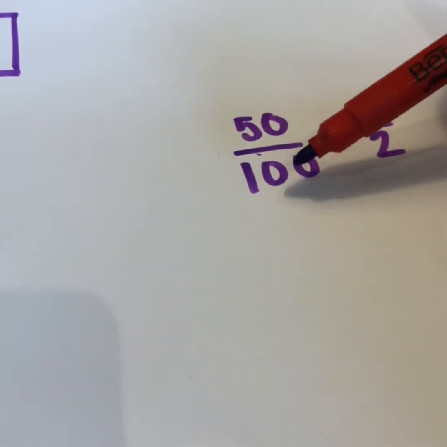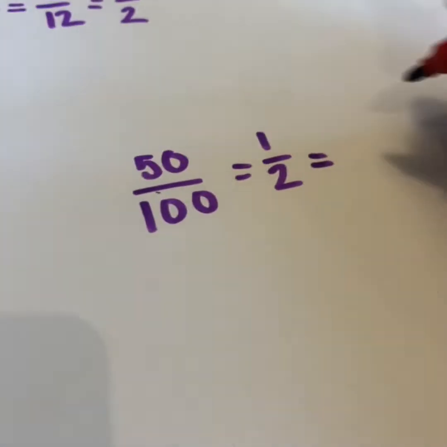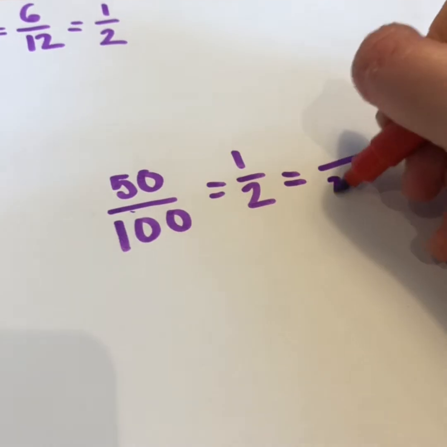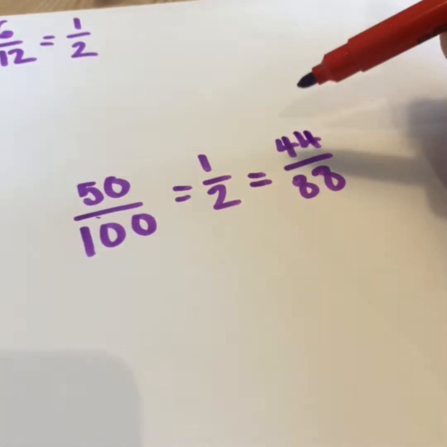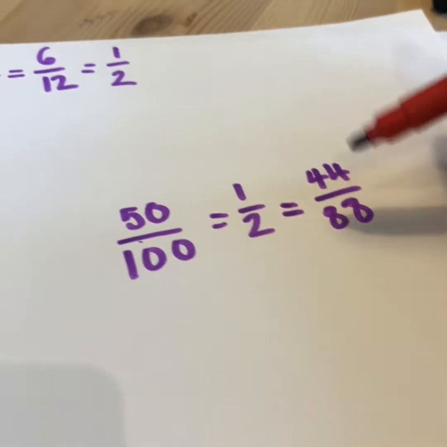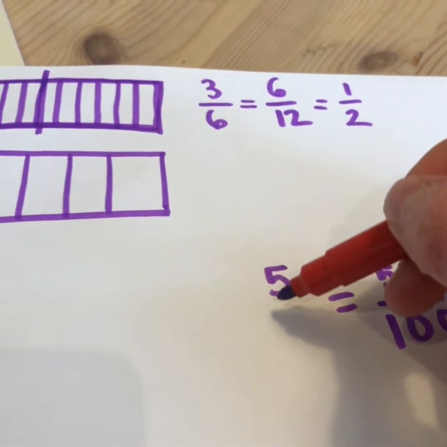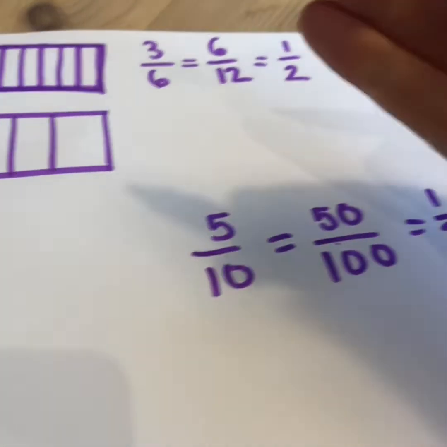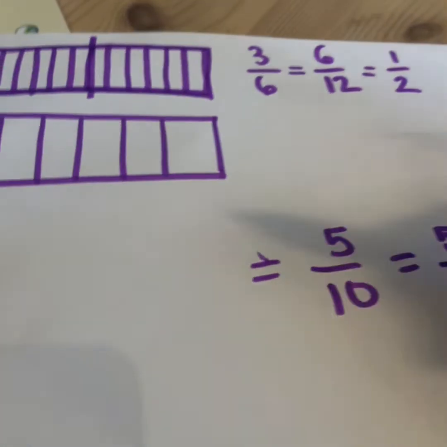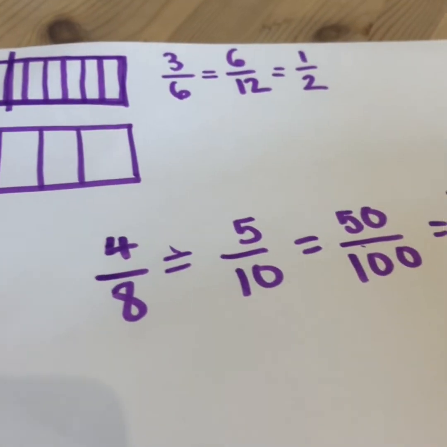So 50 hundredths is the same as a half. 88, half of 88, 44. 44 eighty-eighths is the same as a half. 5 tenths is the same as a half. 4 eighths is the same as a half.